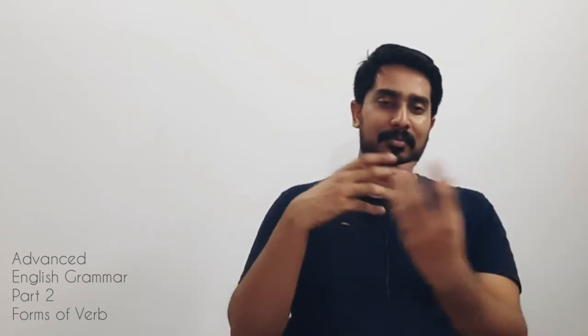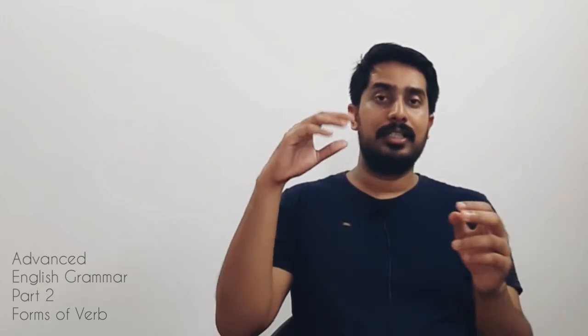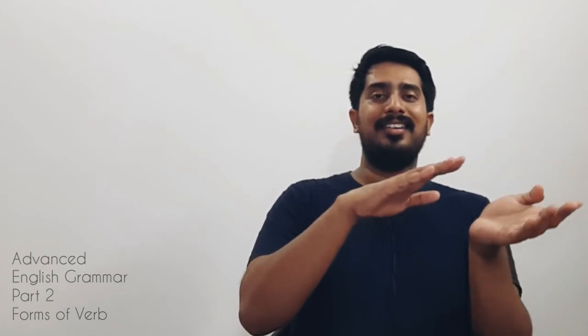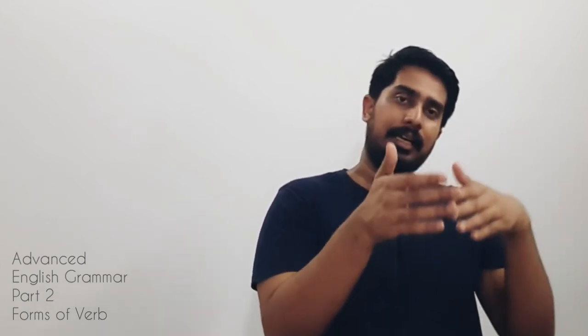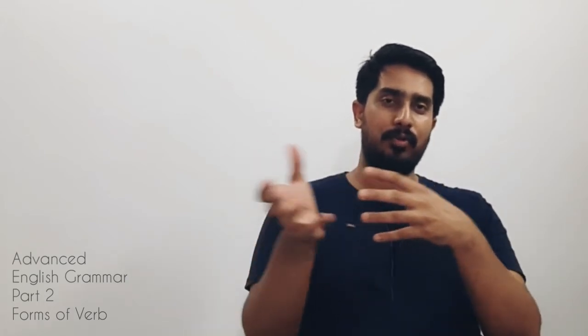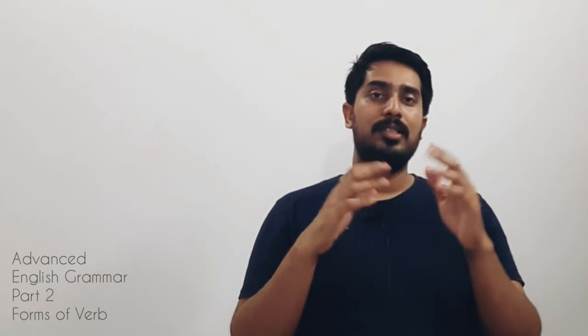But I'm sort of thinking of the reverse order, whereby I teach you the simple tenses first and the continuous tenses later, and the perfect tenses and the perfect continuous tenses, and so on. This is how we will be progressing. So after this video, we will be immediately going into simple tenses.